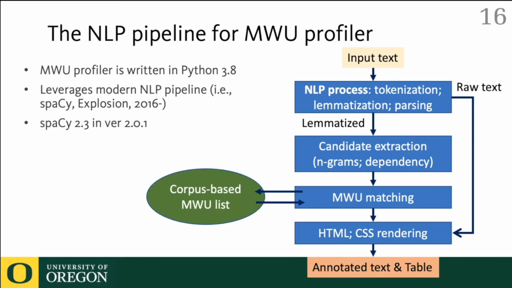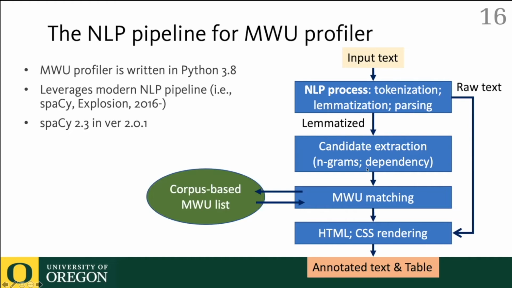In the diagram on the right, you can see the pipeline that consists of four main stages. Given the input text, it first applies natural language processing, such as tokenization, lemmatization, and parsing.